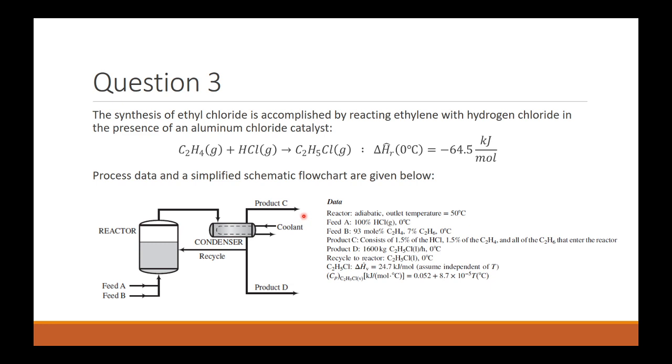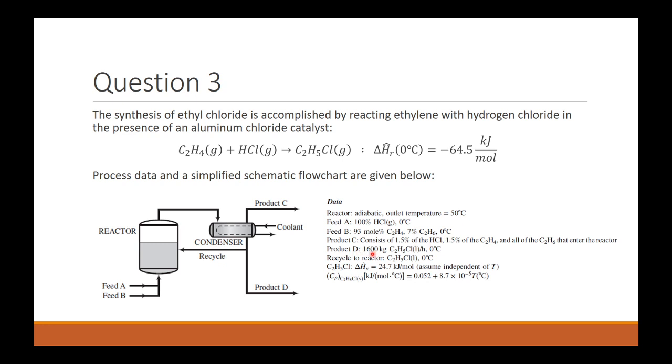Product C here contains 1.5% of the HCl. Okay, so take note that this is percent, not mole percent, so it means 1.5% of the HCl in feed A and 1.5% of C2H4 in feed B. Okay, and all of the C2H6 that enter the reactor.